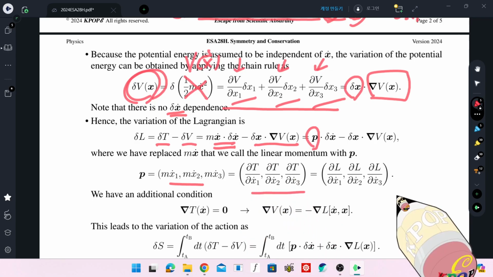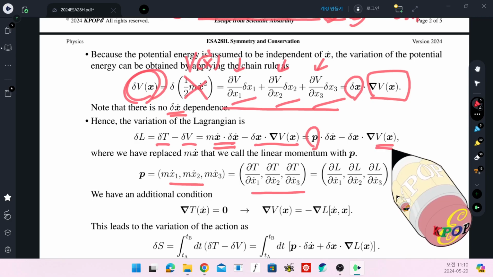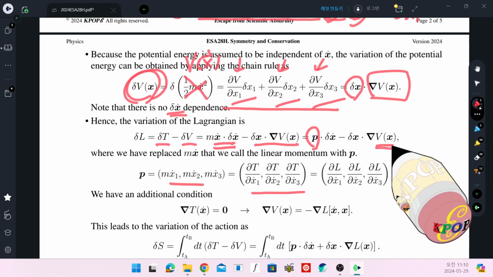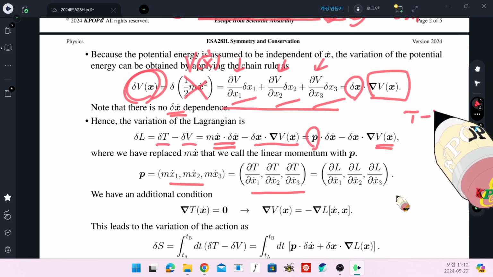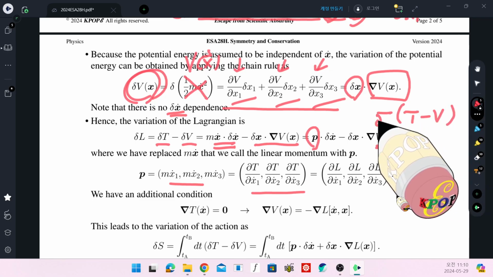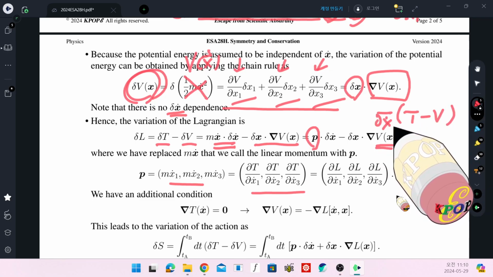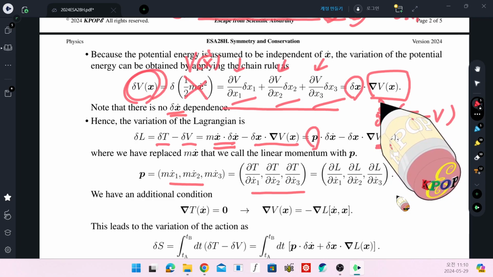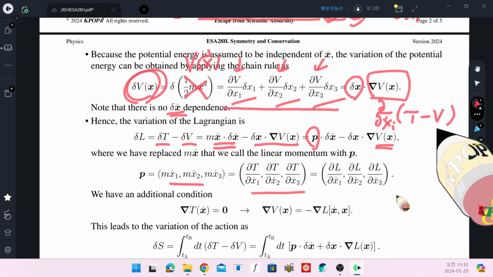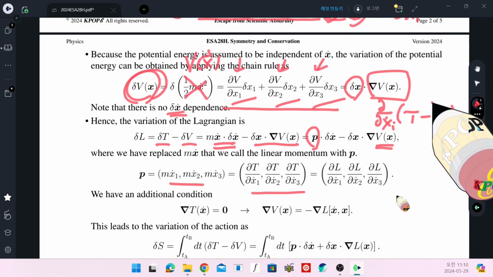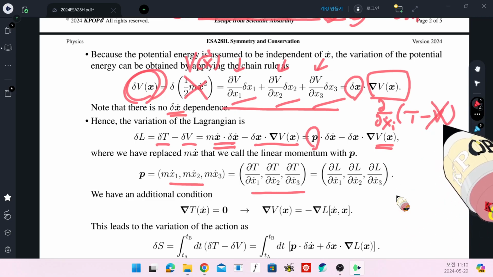Because the potential energy is assumed to be independent of the velocity, in kinetic energy minus potential energy, the velocity-dependent term does not appear, so this is 0.